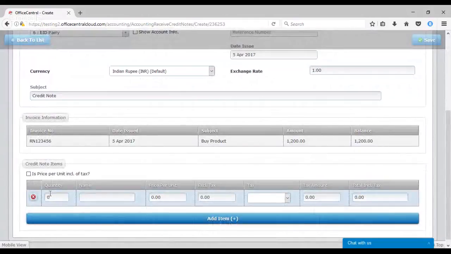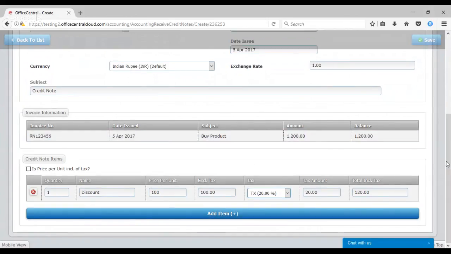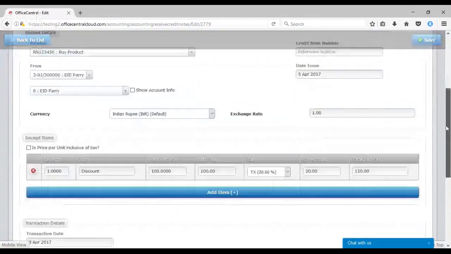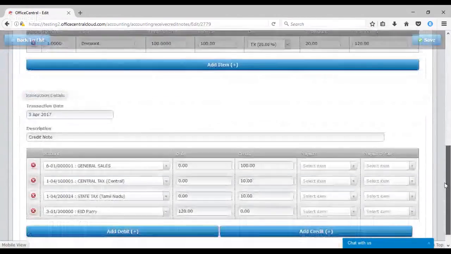Go there and select the transaction, let's say discount, then 100 rupee, and select the tax, which is the same, standard rated. And you save. Now the credit note transaction is already done inside the system.